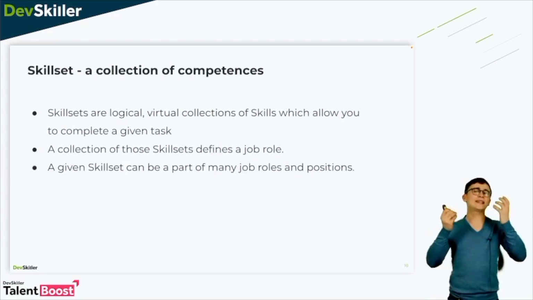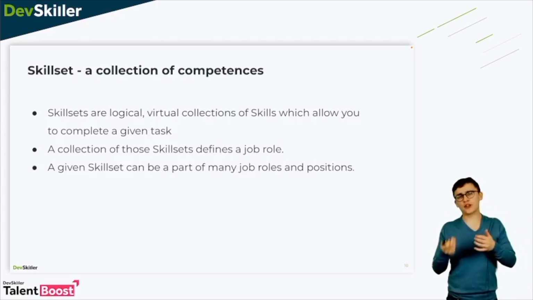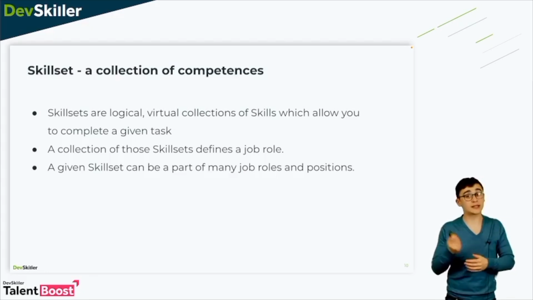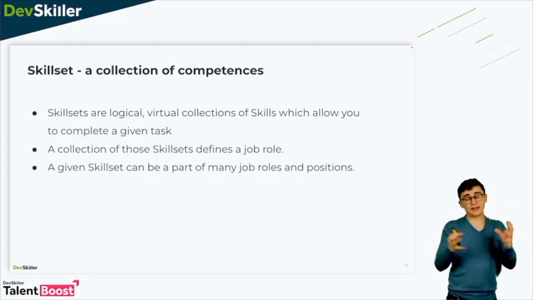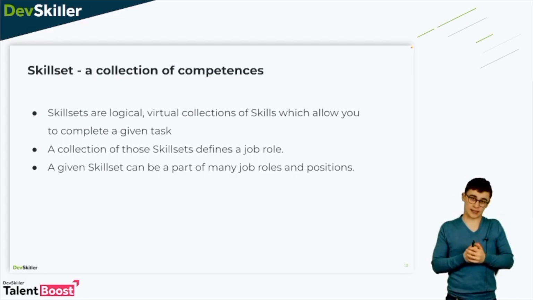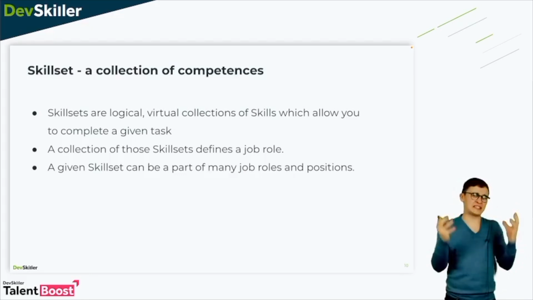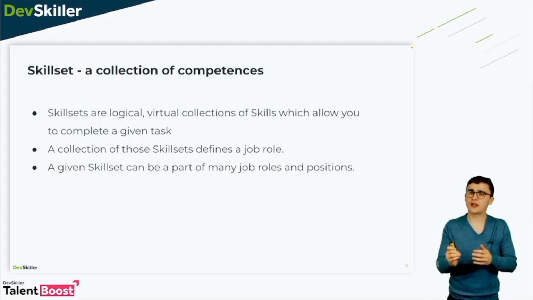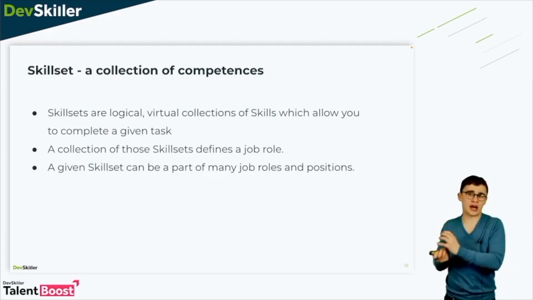Now, a skill set is a collection of competencies. You could think to yourself, what is the difference between a skill set and a skill group? A skill group combines skills thematically. It combines skills which talk about the same domain or field, while skill sets collect skills which allow you to complete a given task.